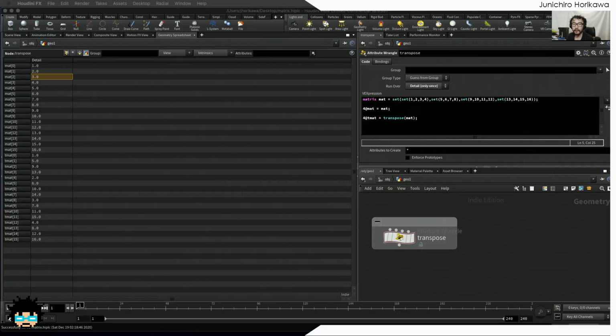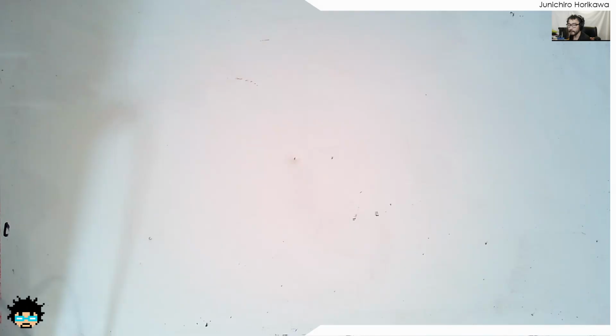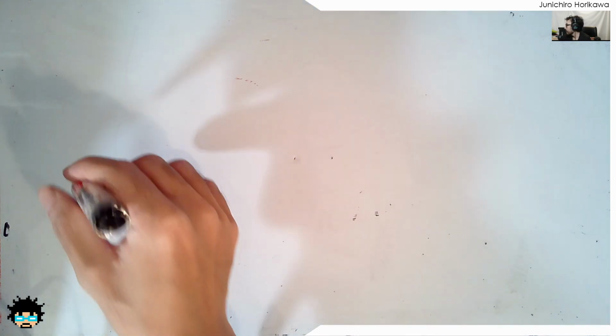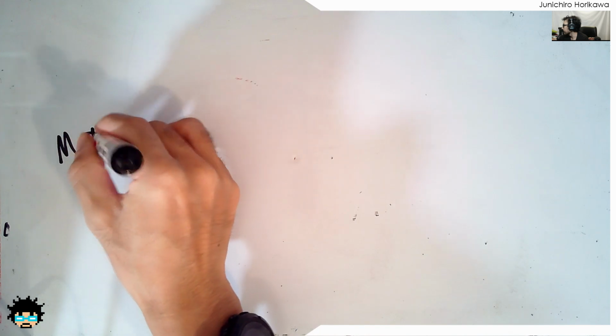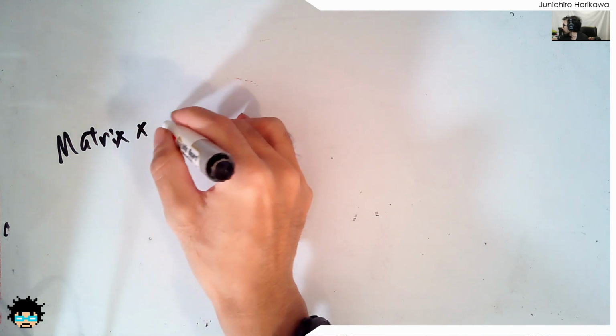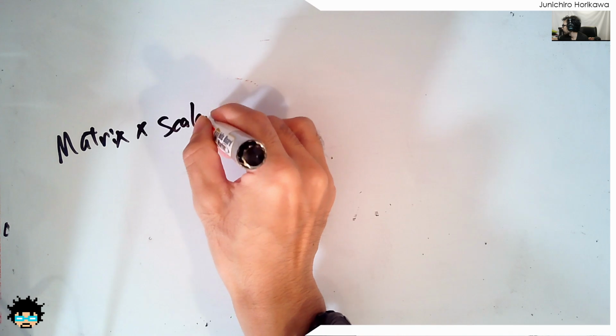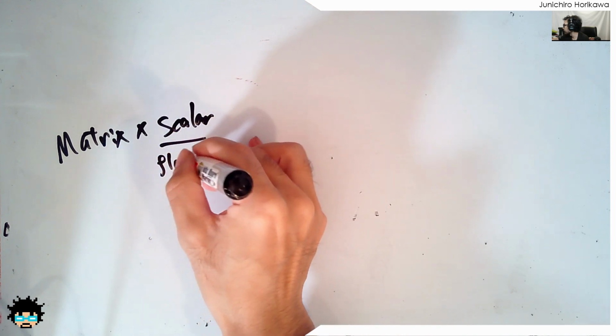Now what I'm going to explain next is pretty important stuff, which is the basic calculation for the matrix, the multiplication for the matrix. Now there are three types of multiplication for matrix. One is matrix multiplied by a scalar value, meaning a float value.